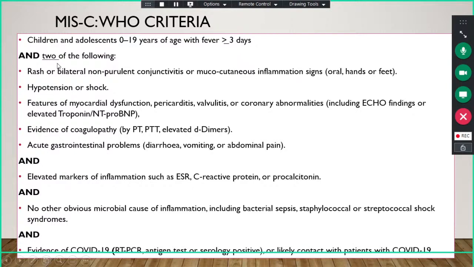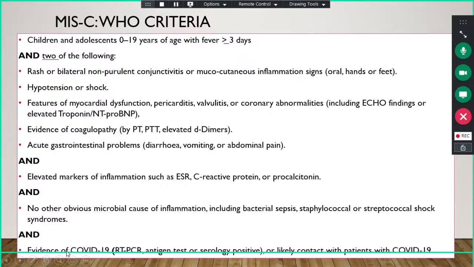Along with that, out of these two, and then elevated marker of inflammation such as C-reactive protein, ESR and procalcitonin. ESR more than 40, C-reactive protein of more than 5 or procalcitonin is raised. And no other obvious microbial cause of inflammation including bacterial sepsis, staphylococcal sepsis or streptococcal shock syndrome.